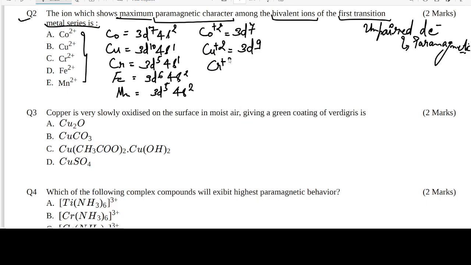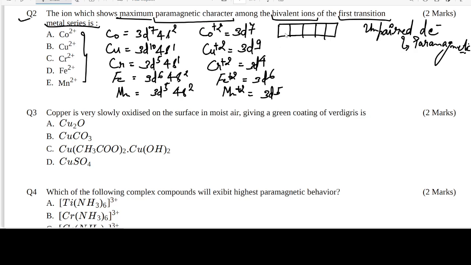Chromium +2 will become 3d4. Iron +2 will become 3d6, and manganese +2 will be 3d5. If you draw these, you can get some idea, but let's explain all the things.